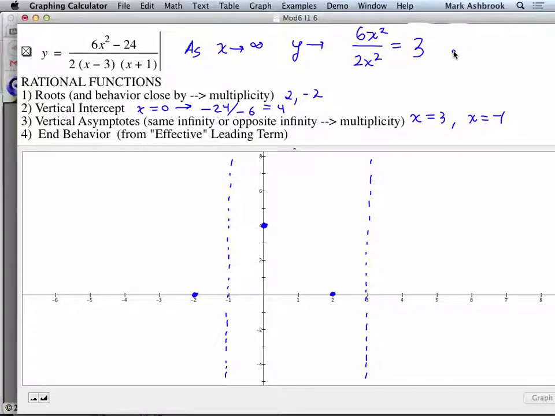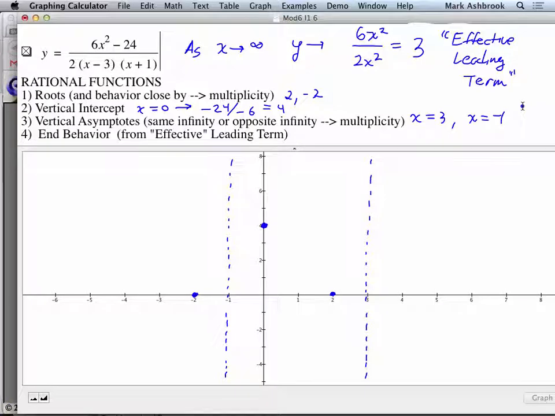There is no leading term of this function, but in effect, it's like the leading term, so we call it the effective leading term. It's the ratio of the leading terms of the two polynomials that we use to build the rational function.